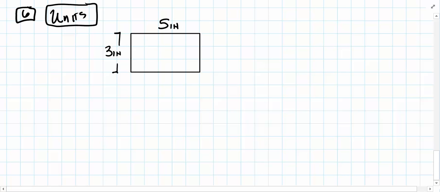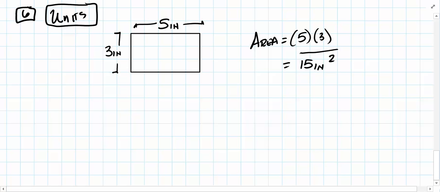Okay, so if I talk about area, the area of this would have to be the base times the height. So that would have to be 5 times the 3, right? So that would be what? 15 inches squared, okay? So why does it become inches squared?